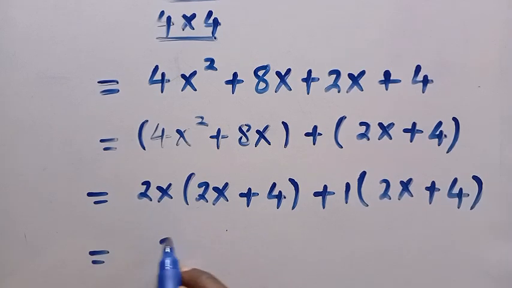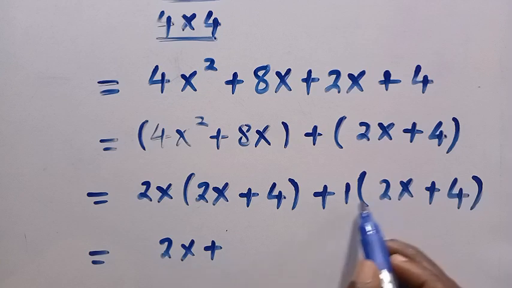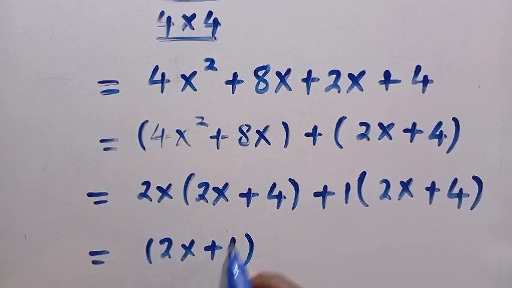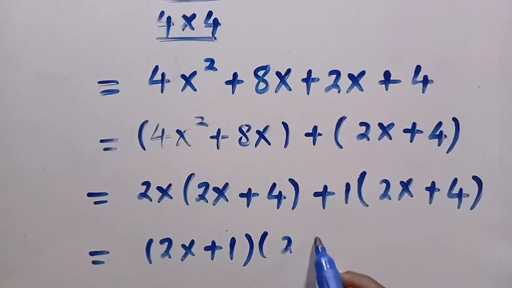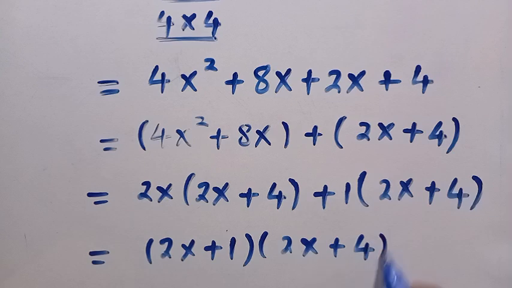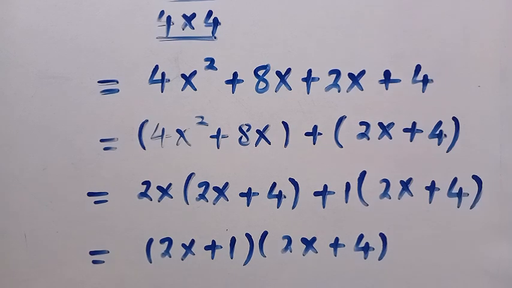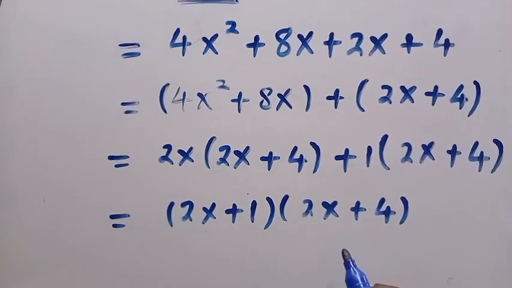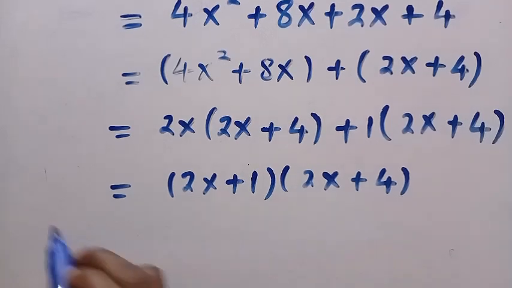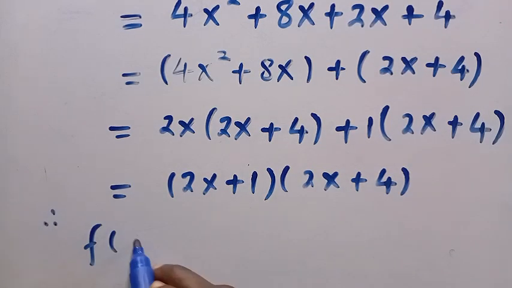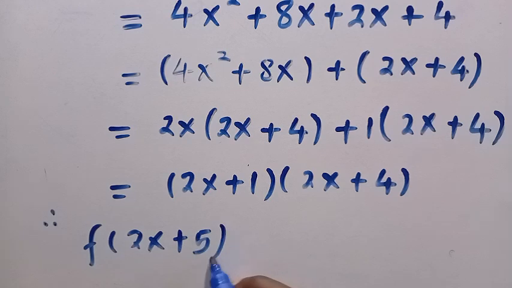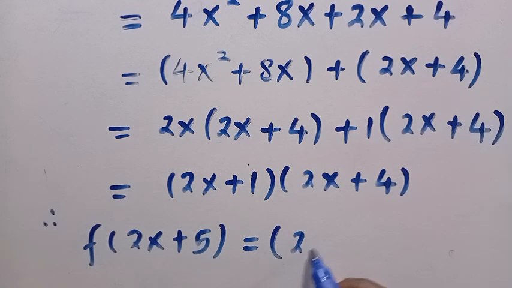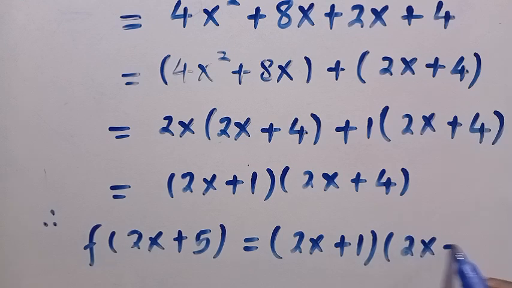So by taking it out, we have 2x plus 1 and 2x plus 4. This is the complete factorization of the quadratic that we have above. Therefore, everything now is f of 2x plus 5 equals 2x plus 1, multiplied by 2x plus 4.